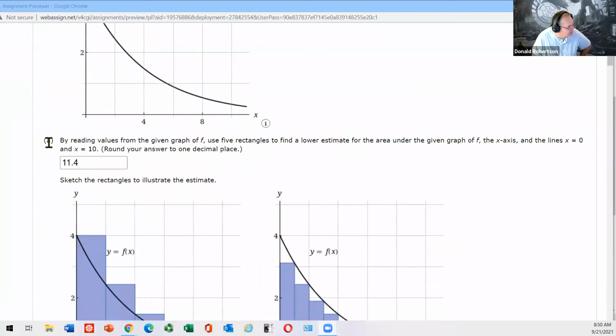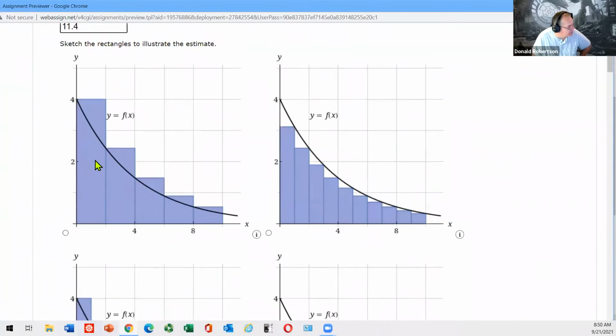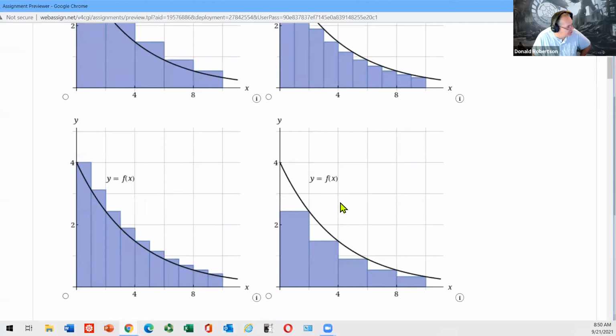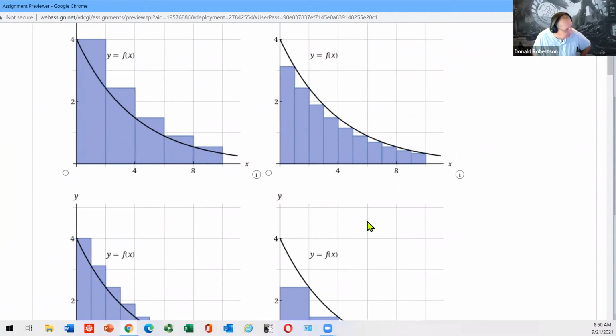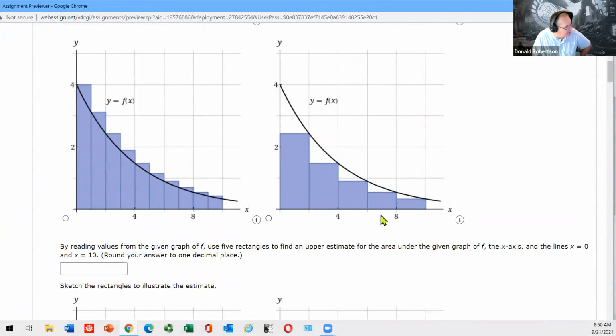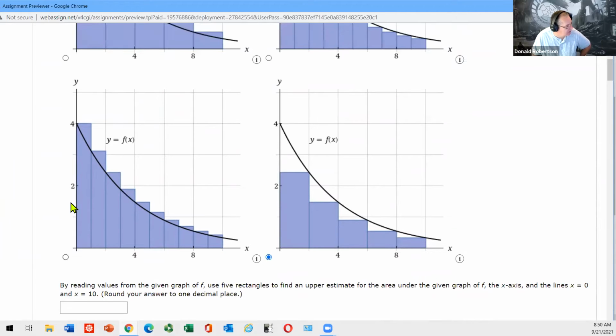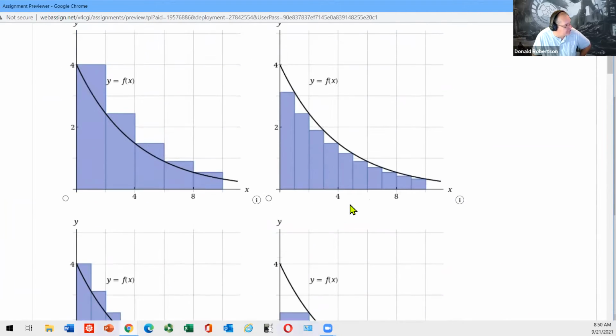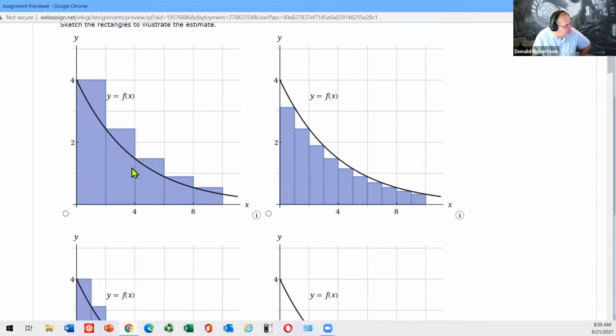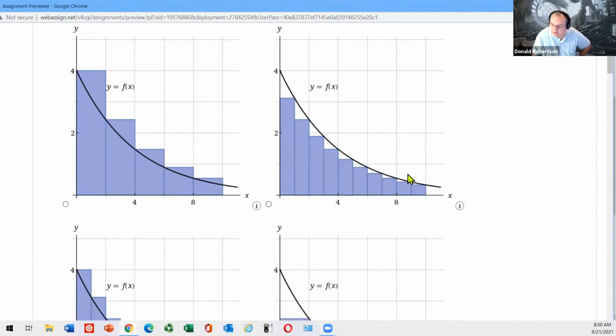Okay. So here is my first answer. It would go there. One of these 4 pictures would represent what that would look like if you drew it. Now, the first one we did was R5. So would you agree this picture here would be R5? Right. That one's got too many strips. That one's got too many strips. And isn't this one an L5?